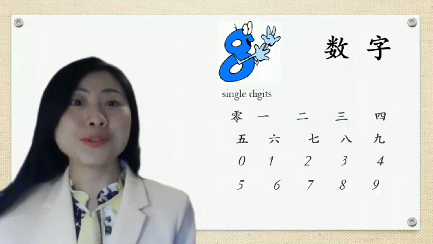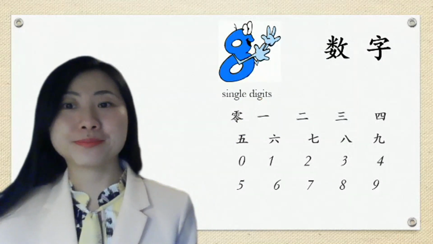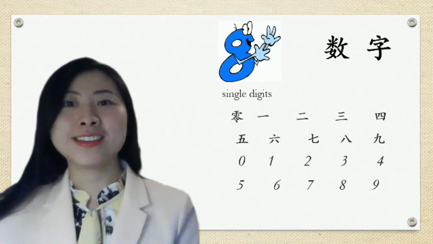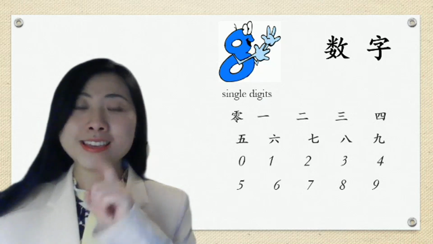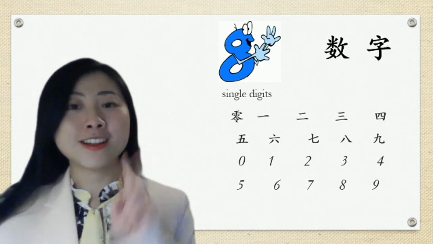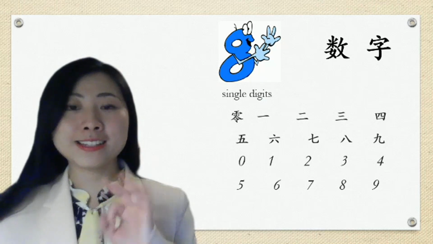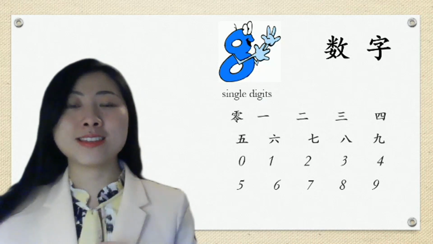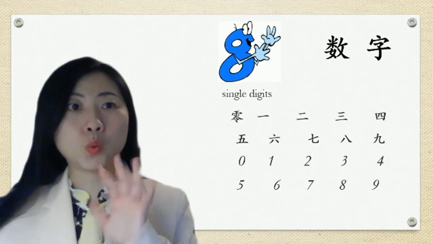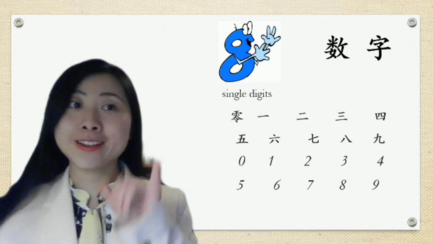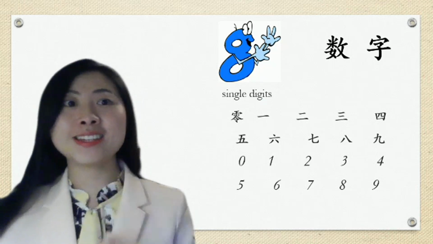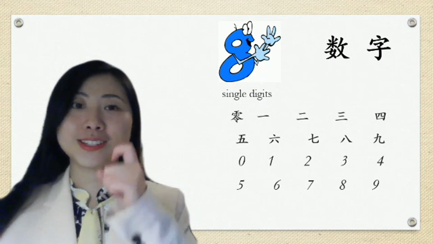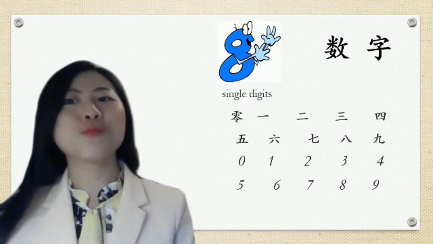First, let's review the numbers we just learned before. 0, 1, 2, 3, 4, 5, 6, 7, 8, 9.